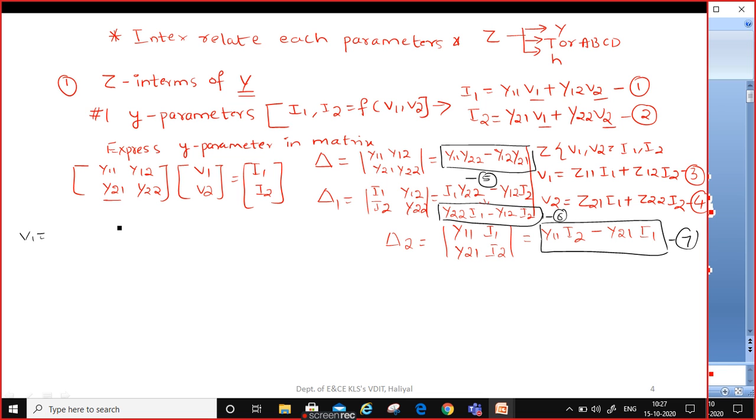Now, if you take the V1 approach, if you want to find V1, what will be the equation? Delta 1 divided by delta, yes or no? Yes, sir. Any difficulties in this step? I'm going slow for the first expression here.